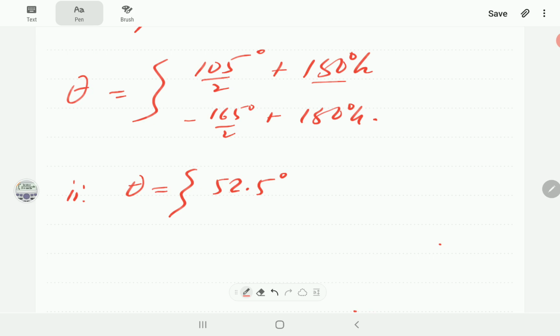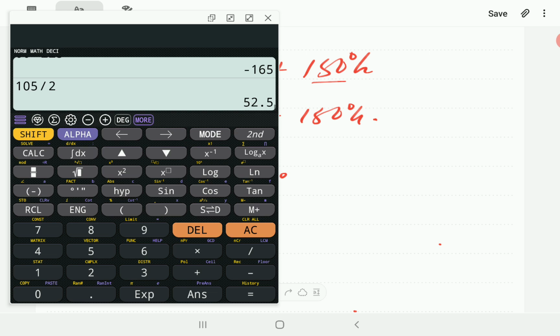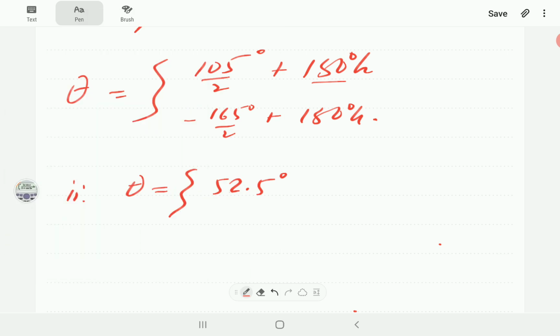But if we subtract 180, we're still going to be inside that specified interval, negative 127.5.